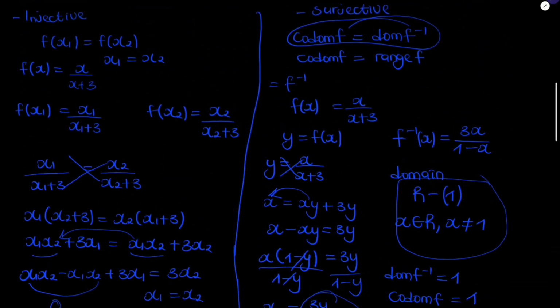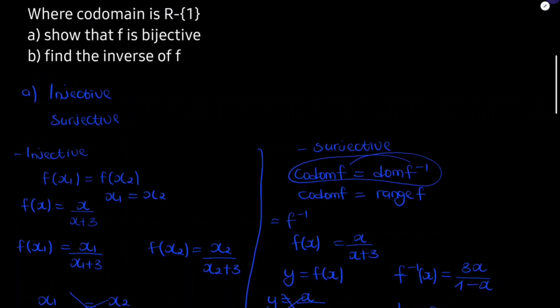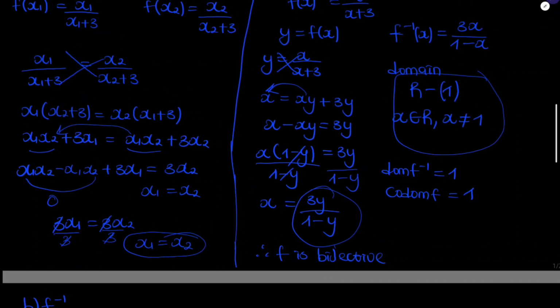Okay, so that is all for the A part. So let's go to the B part of the question. The B part says find the inverse of f. But remember, when we were testing for surjectivity of this function, we found the inverse of f.